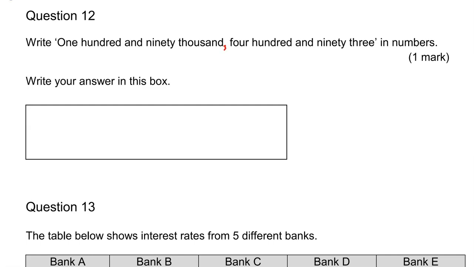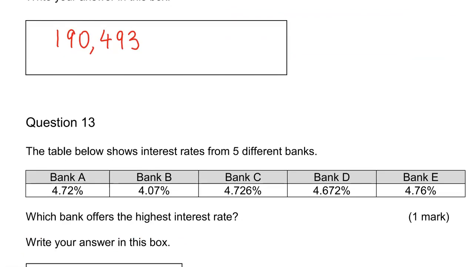So first 190,000, so 190. So we know we're going to have 3 digits after this. So we move on. 493. We could have a comma here as well, or we could leave it out. Both of them are fine.